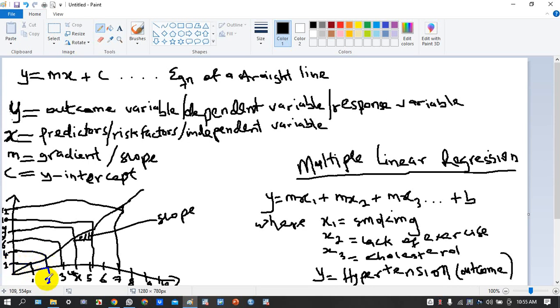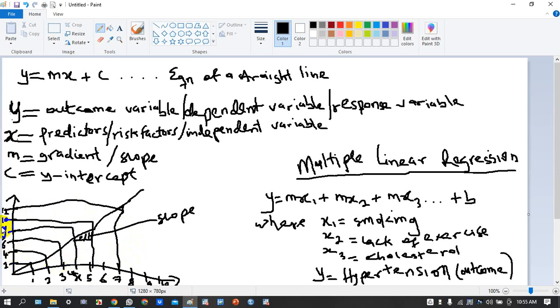If you smoke 2 sticks of cigarette, it will increase your odds of getting hypertension. If you smoke 3 cigarettes, it will increase it to 6. If you smoke 7, it will increase it to 12.